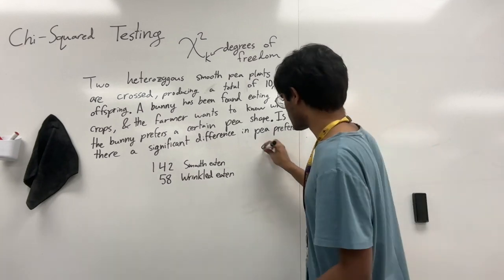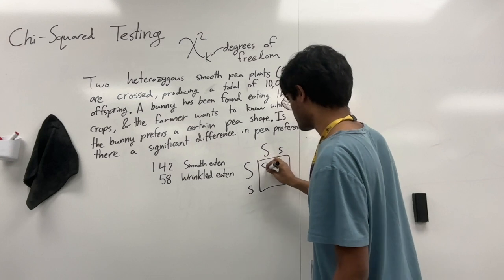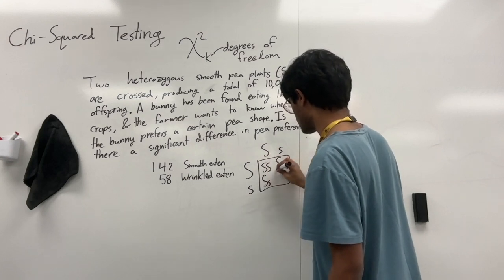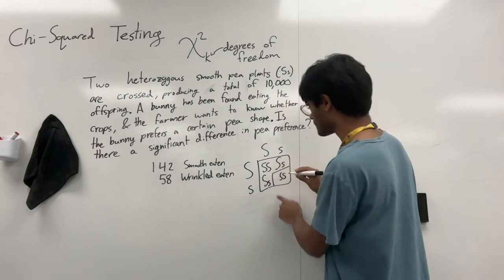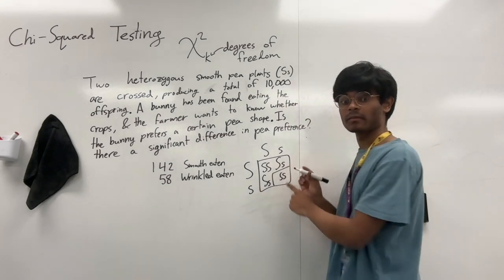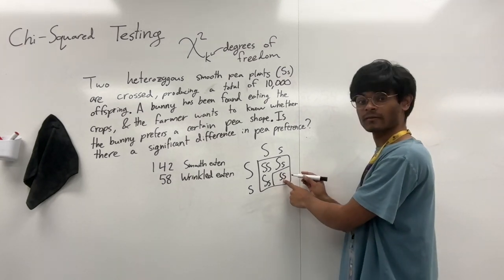If we cross our 2 heterozygous pea plants, we find that 3/4 of our pea plants are smooth. Only 1/4 are wrinkled.